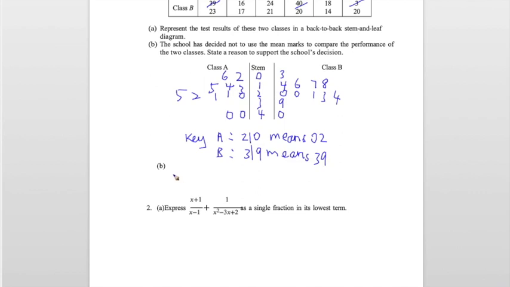So the reason is mean score is not used because of outliers or extreme values.